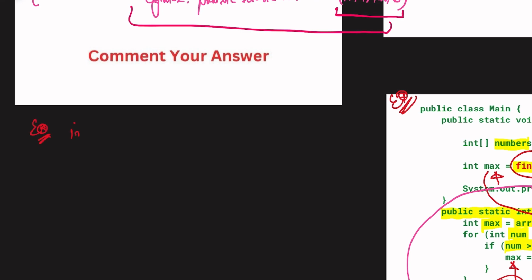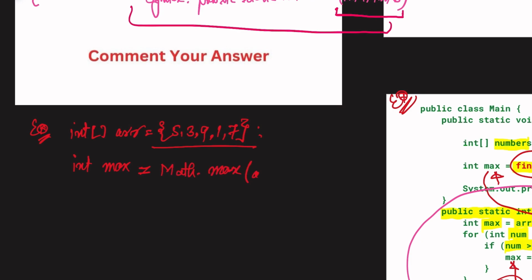You can think of an integer array which has 5, 3, 9, 1, 7, and you want to find the max for this array. So how can you find it? Math dot max of array. This is a wrong way.